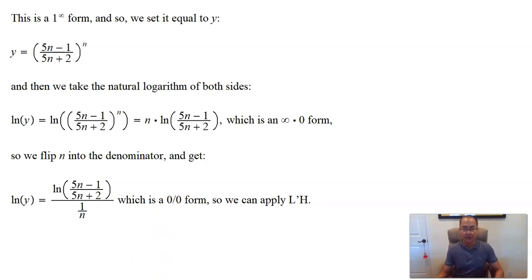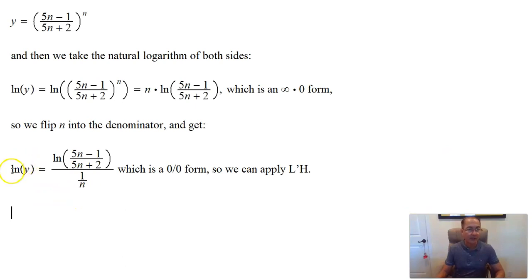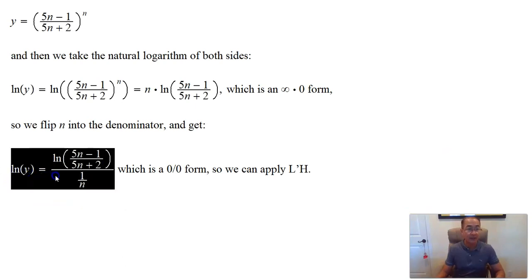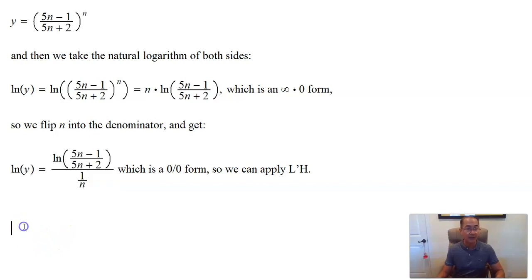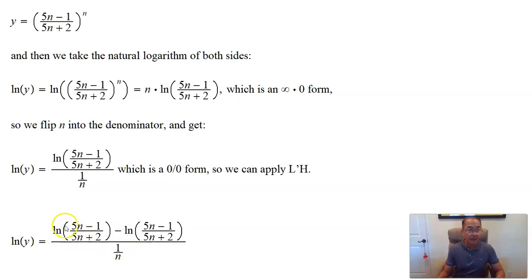But before that, we are going to simplify the numerator using properties of logarithms. Again, we did this last time. It will turn into a difference. So I will make a copy of this. And the first one will be the ln of 5n minus 1 minus the ln of 5n plus 2.